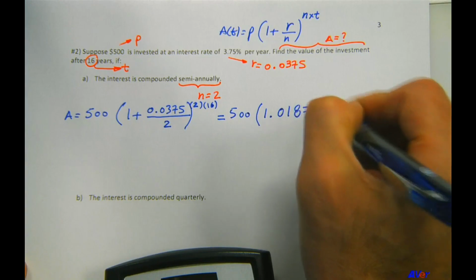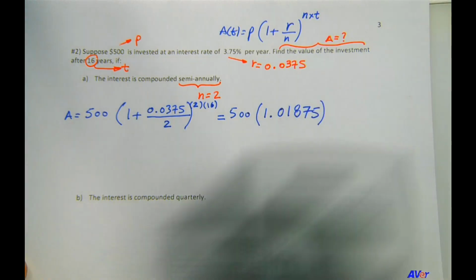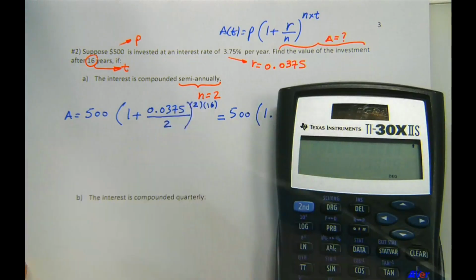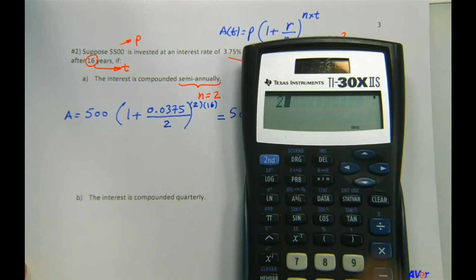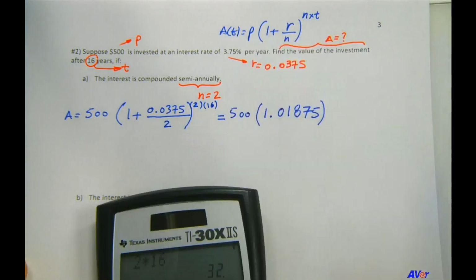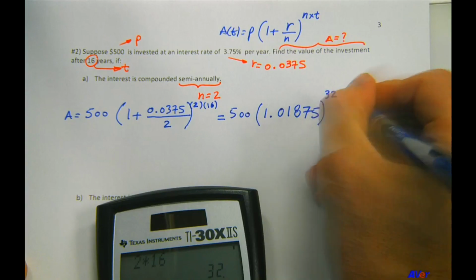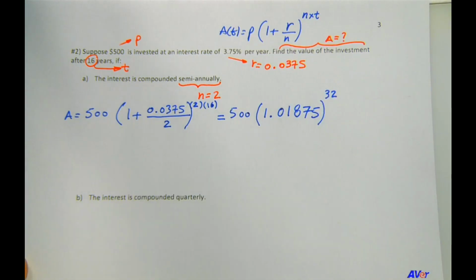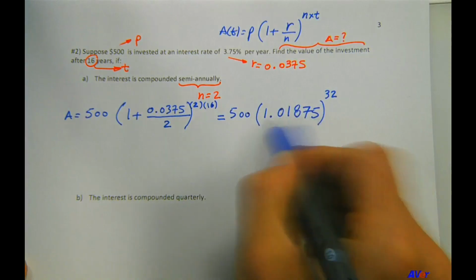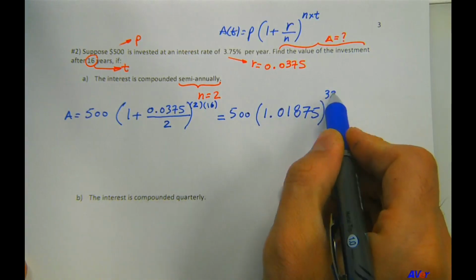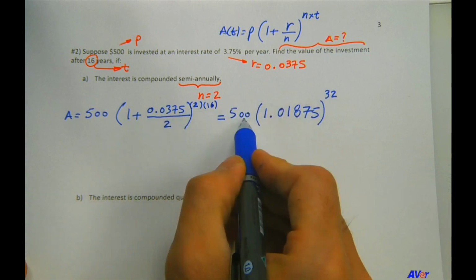1.01875 raised to 2 times 16, right? It should be 32, right? 2 times 16, 32. So I'm going to put the 32 here. Now, I'm going to raise this number inside the parentheses to that power and multiply back by 500.